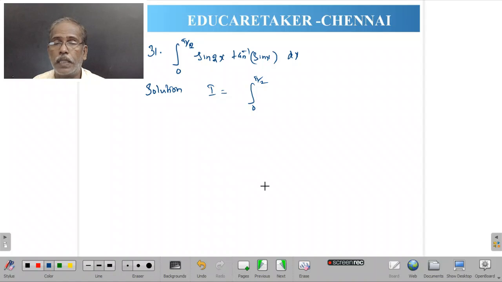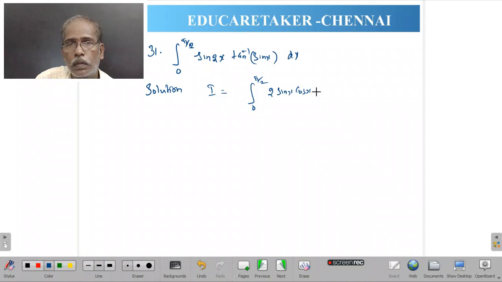Then again the complication increases. For that, straight away we can expand sin 2x as 2 sin x cos x, then tan inverse of sin x.